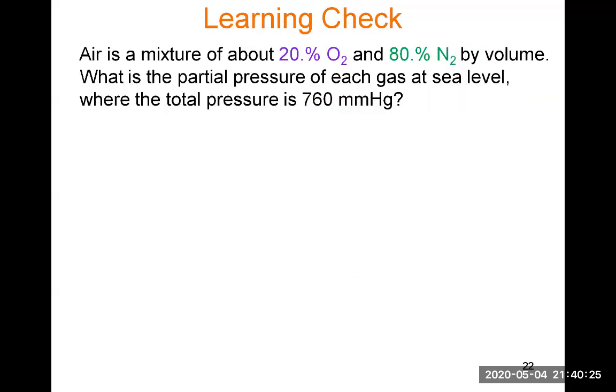So let's do a learning check here, and you can pause the video and work this out on your own before you watch the answer. So it is about air, and air, you know, it's this layer of gas that surrounds the surface of Earth, and we call it the atmosphere.